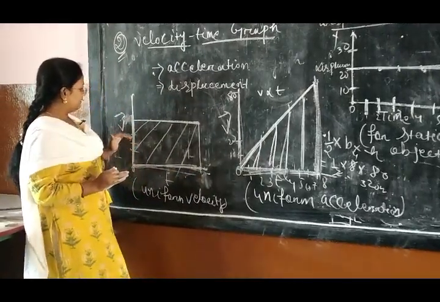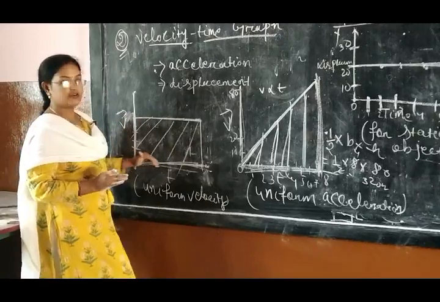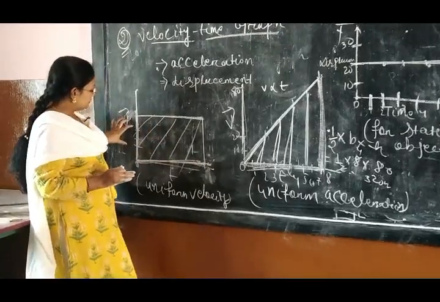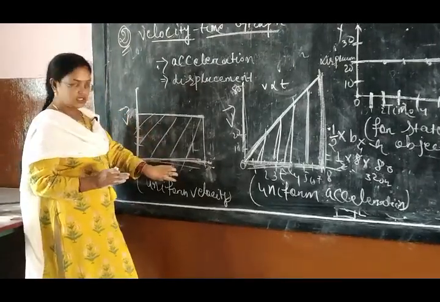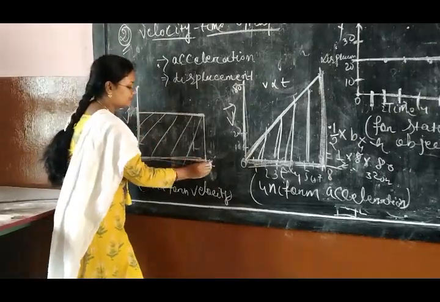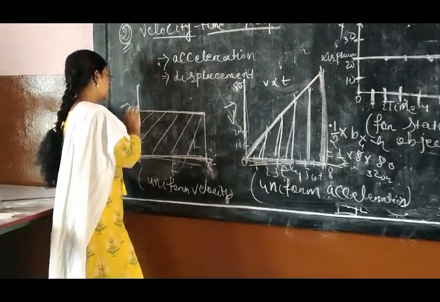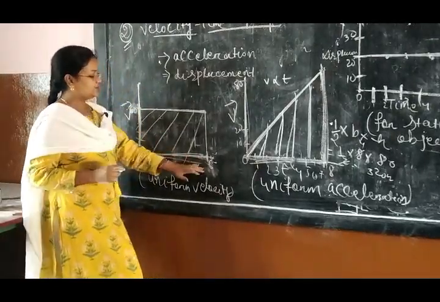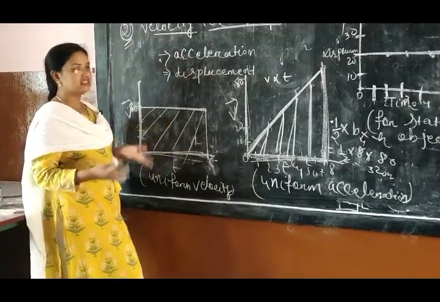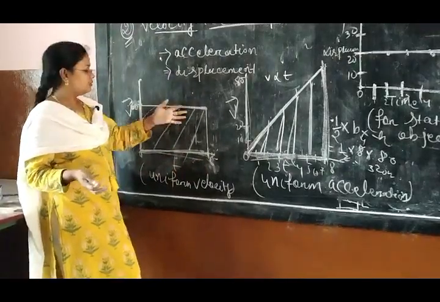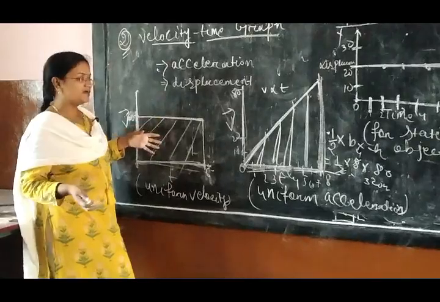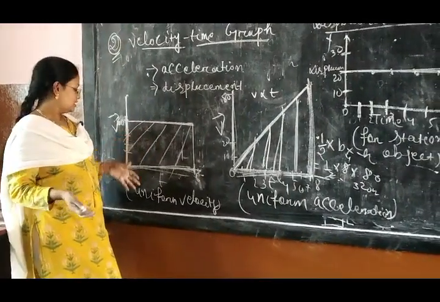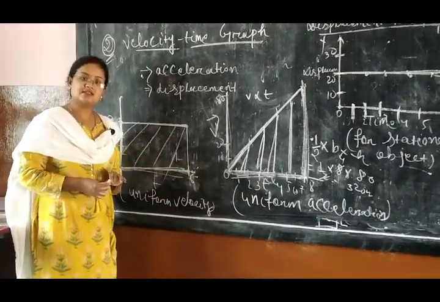You are taking 10, 20, 30, 40, 50 and time you are taking 6. So you just multiply this into this. Suppose this one is your 6 second and this one is your 60 meter per second. So 60 into 6, that is your 360 meter. So the area of this figure is what? 360. So you will get the displacement is 360.